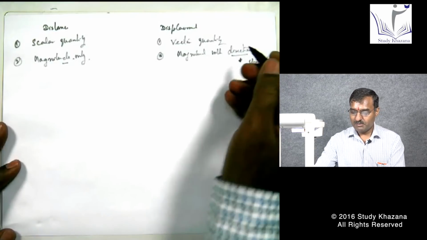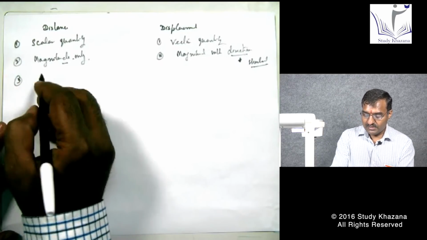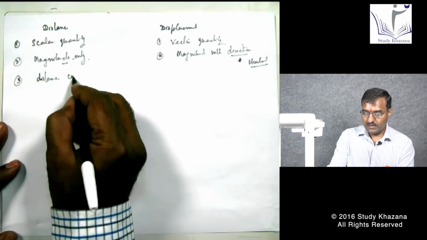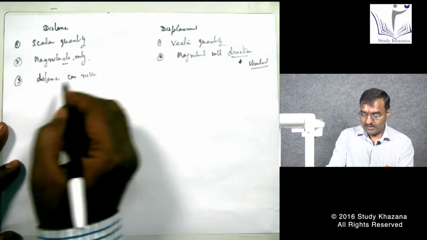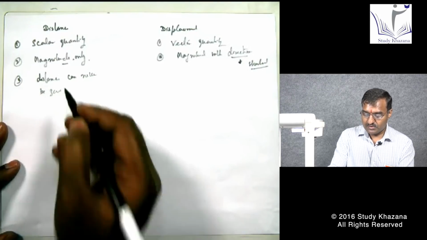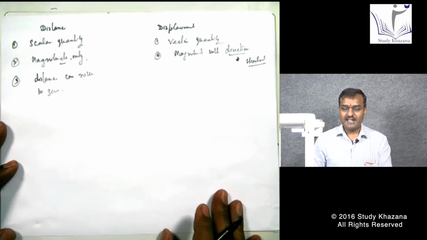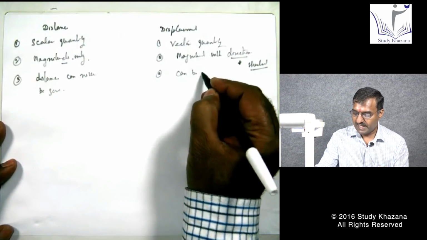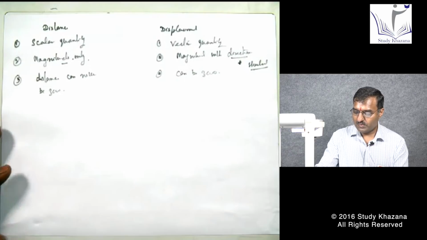So here it is magnitude with direction. What is the third? Distance traveled can never be 0, but displacement can be 0.